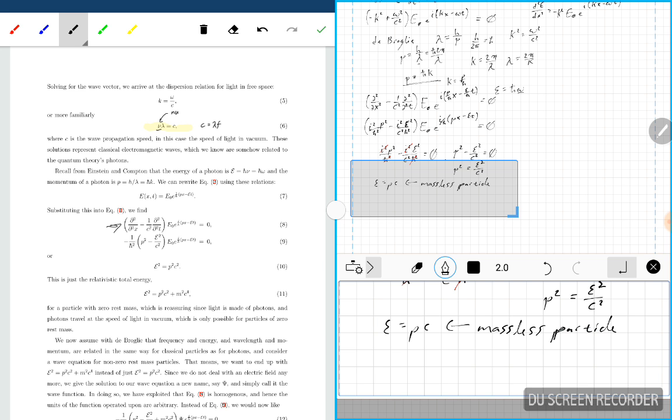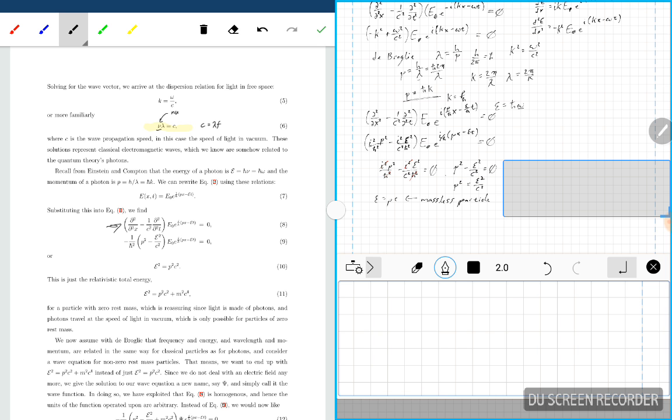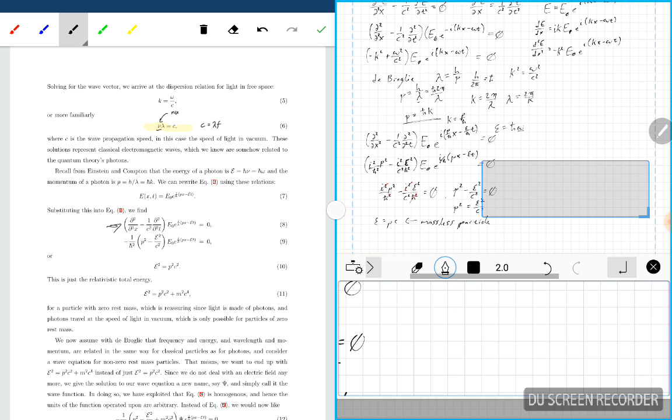Now you notice this is the relativistic energy, and where we would have our relativistic total energy be components of momentum times the speed of light and rest energy.